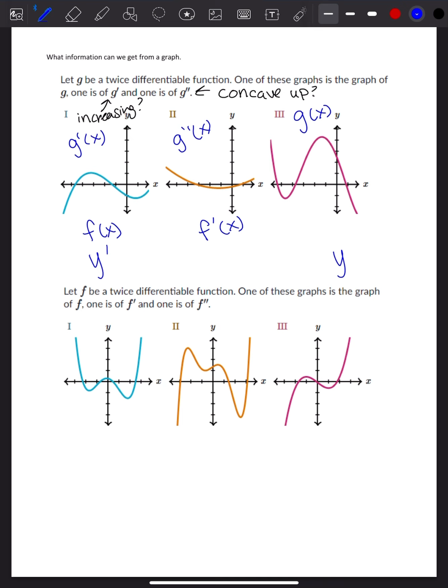So in this graph, it's decreasing to begin with, to about here. Then it's increasing until about the y-axis, and then it's decreasing to increasing.